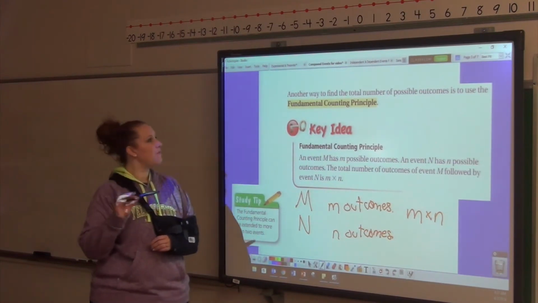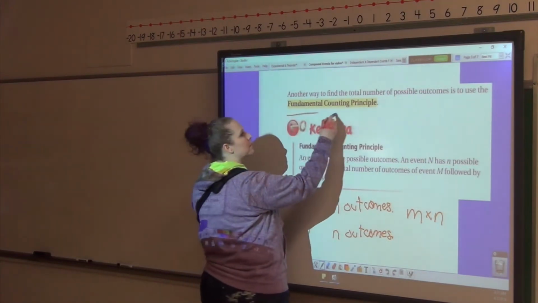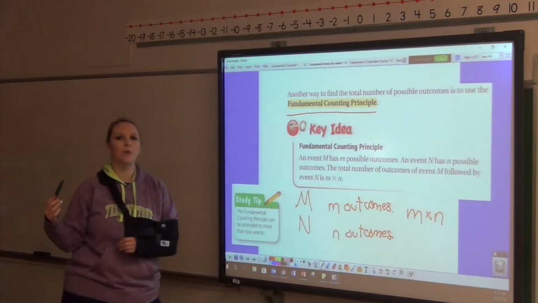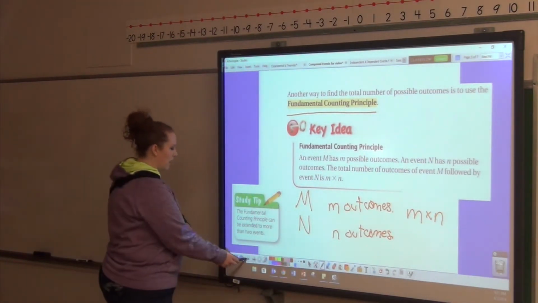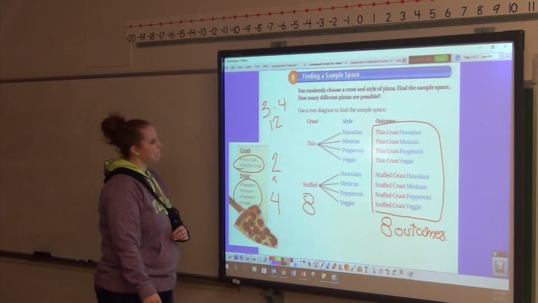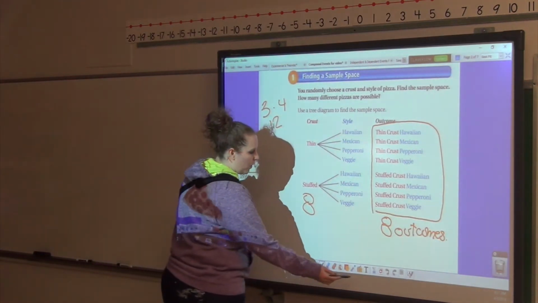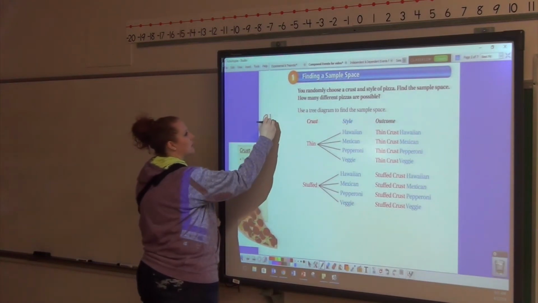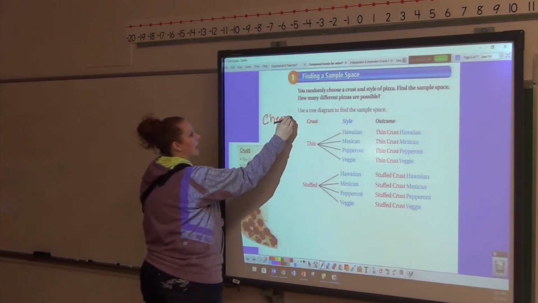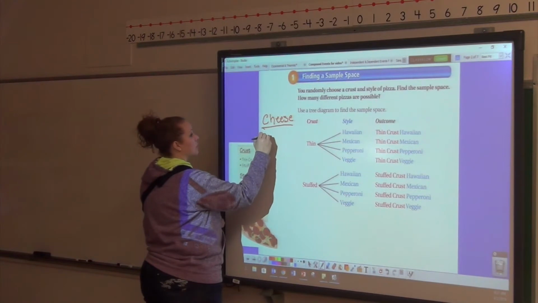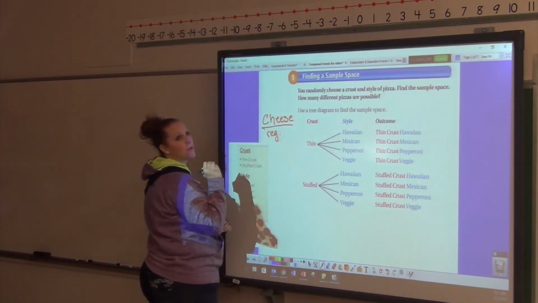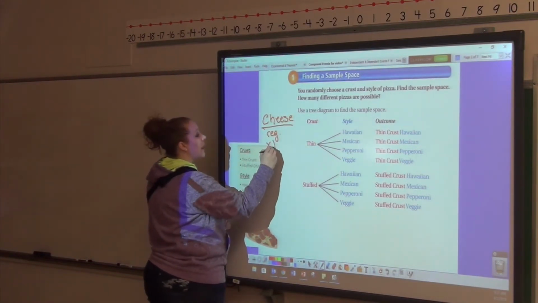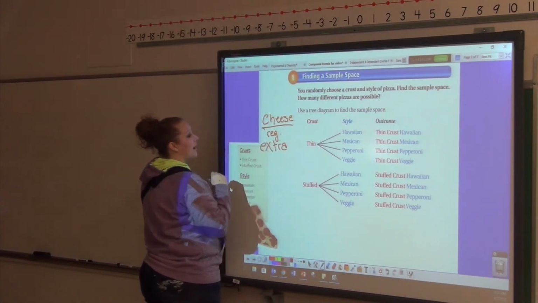One important thing, this fundamental counting principle can be applied to more than one event. So if we go back to this example about the pizza, and I add one thing here, if I say we also have cheese, and there is the regular amount of cheese, or there is extra cheese.